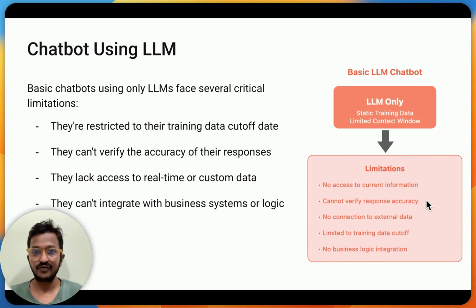How will you know the chatbot is generating the proper answers? They can't integrate with business systems or application logic. They can't do reasoning. So that's where chatbots using just LLMs fail.